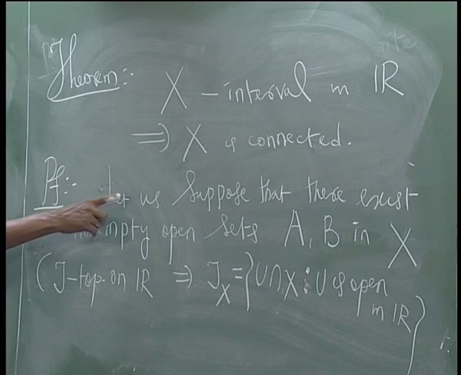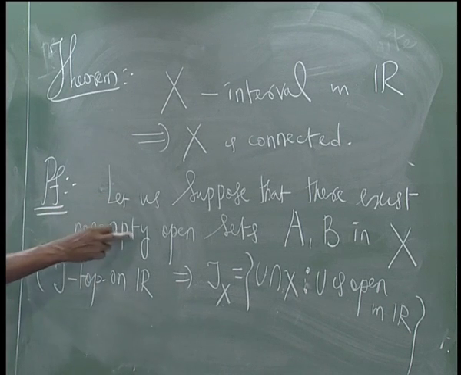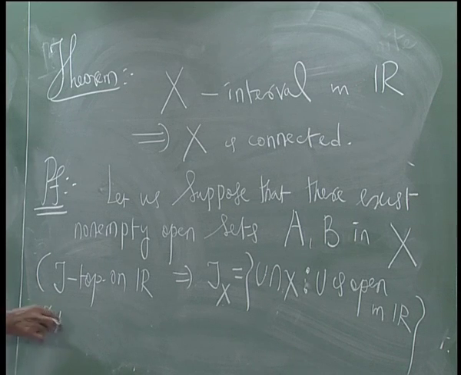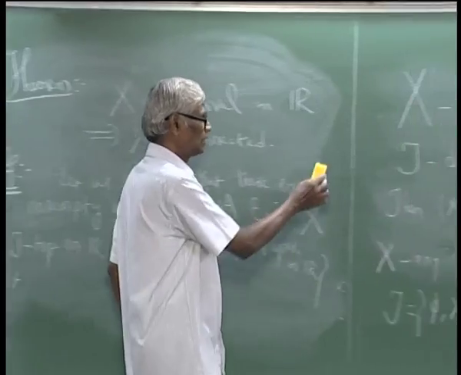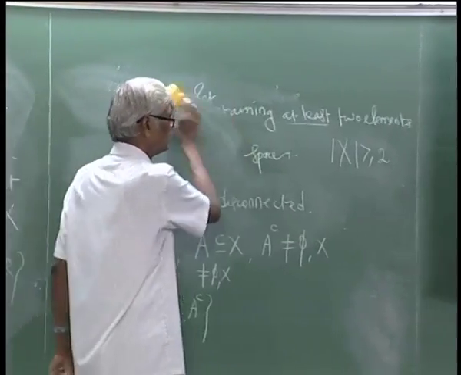So, let us suppose that there exist non-empty open sets A, B in X such that they satisfy the condition that they are disjoint.